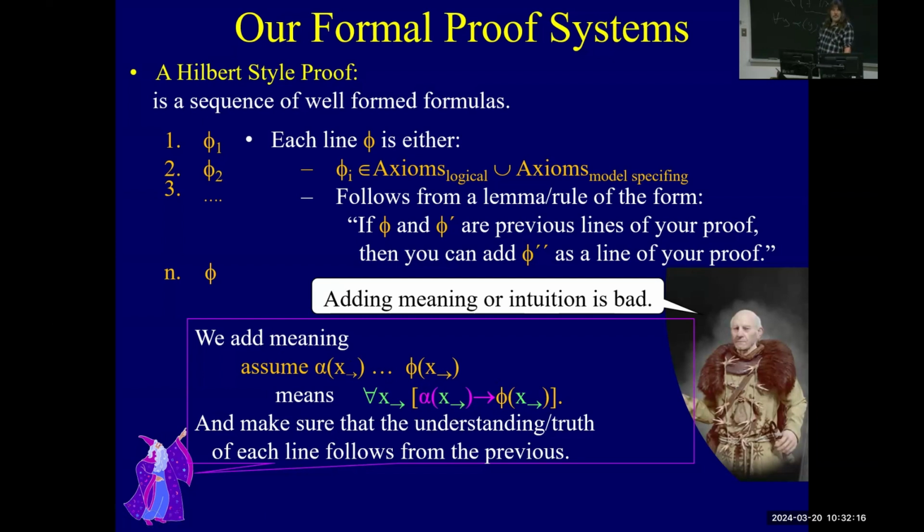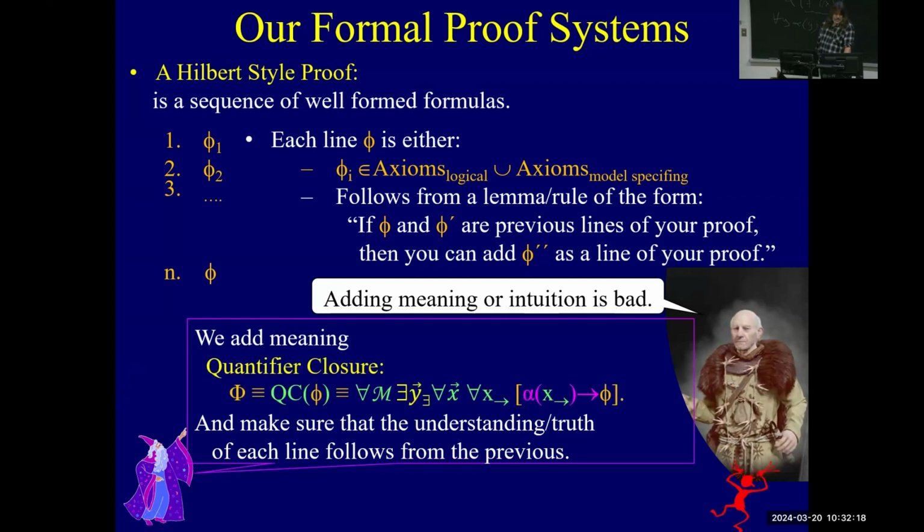If people don't understand something, holler, right? So this is how I'm adding meaning to every line, right? If it's indented, then we're assuming that your assumptions are true, right? You say, hey, I assume alpha, and then you indent, right?